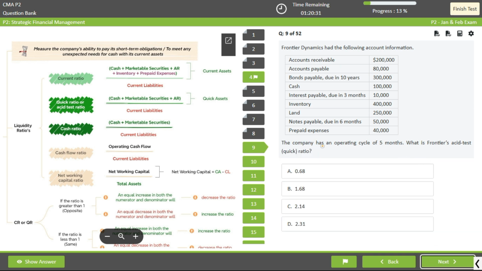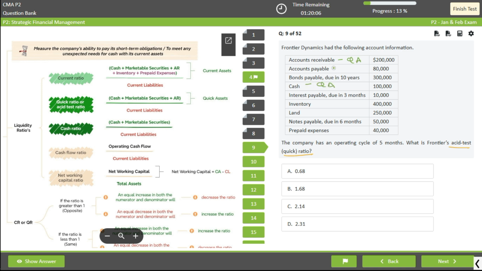Next they are asking about the acid test ratio or quick ratio. We know that the acid test ratio or quick ratio is cash, marketable securities, and accounts receivable by current liabilities, and that is your quick assets. So let us mark the quick assets first. Accounts receivable is your quick asset, cash is your quick asset.